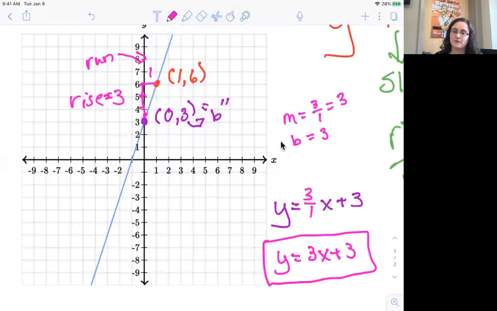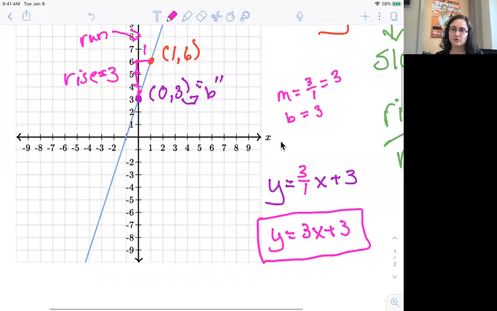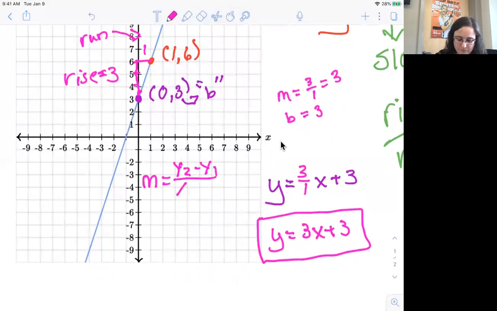Now, just to show you a second way to find the slope if you didn't want to count, the counting is very good if you're a visual learner. If you are someone who might prefer a formula or just to practice a different way of doing this, you have previously learned this formula. Slope is the change in y over the change in x. Right? So we might say y2 minus y1 over x2 minus x1.